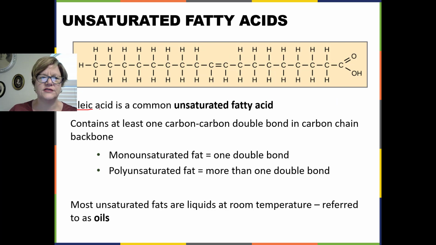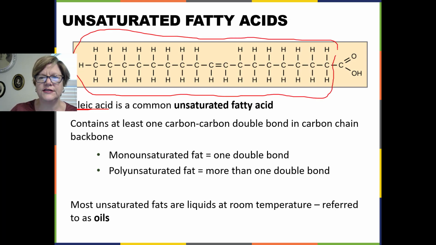You don't need to memorize the specific names. But this one is unsaturated, and the way you would know it is you're going to look just at the hydrocarbon portion. Again, don't look here because all fatty acids have that double bond. But in the hydrocarbon portion, you do have a double bond, and so that means it's unsaturated.